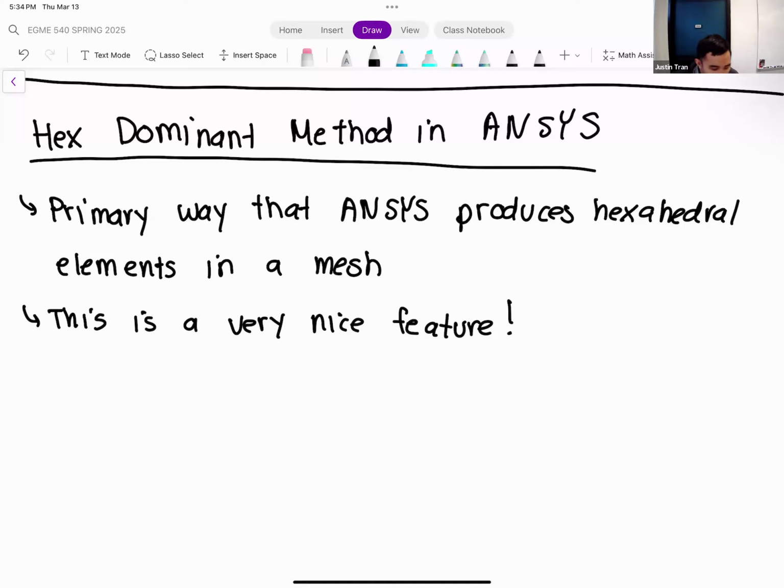Okay, so how it works is actually very interesting. The exact details of how it works, I think, is proprietary within ANSYS, and so we may not know exactly how they choose to do certain things. But the rough idea, ANSYS has been comfortable with kind of sharing that detail with us. So when you select a hex dominant mesh, what actually happens underneath the hood is that ANSYS will actually first create a tetrahedral mesh.